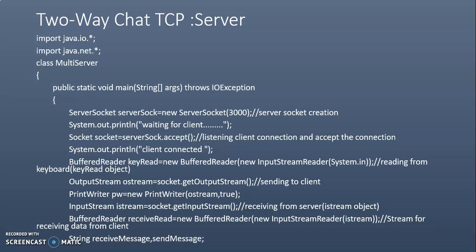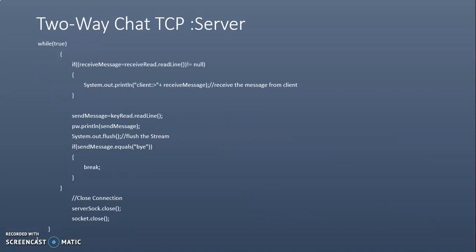So now we have the two variables, receive message and send message, and the receive message is going to receive data through the receive read object which we have already bound to the socket, and now we are receiving the receive message here, and again the send message is created through the read line message. That means the string is being taken in, and now you are writing that using the print writer object, and so it's going on.